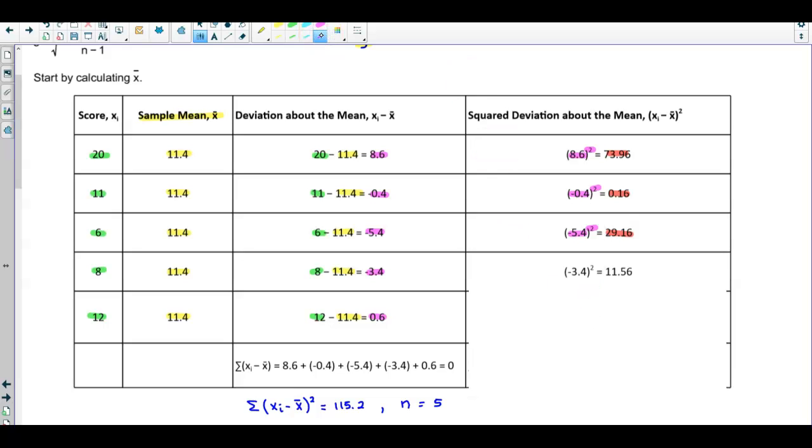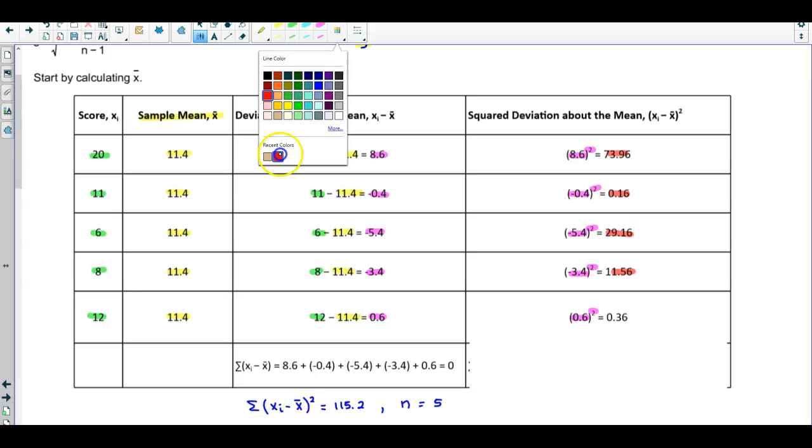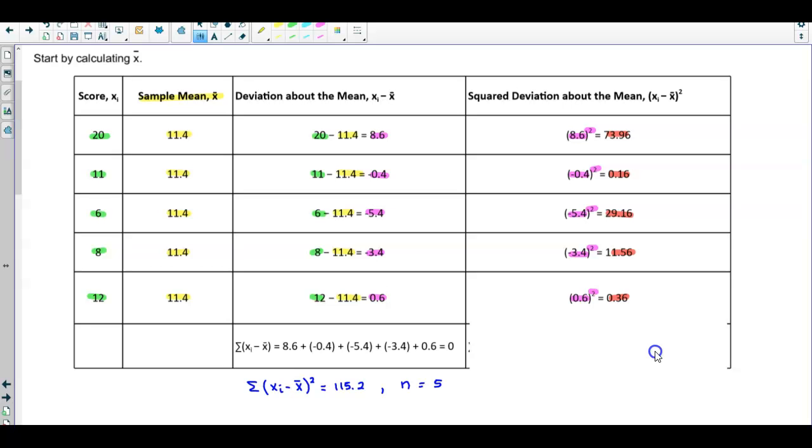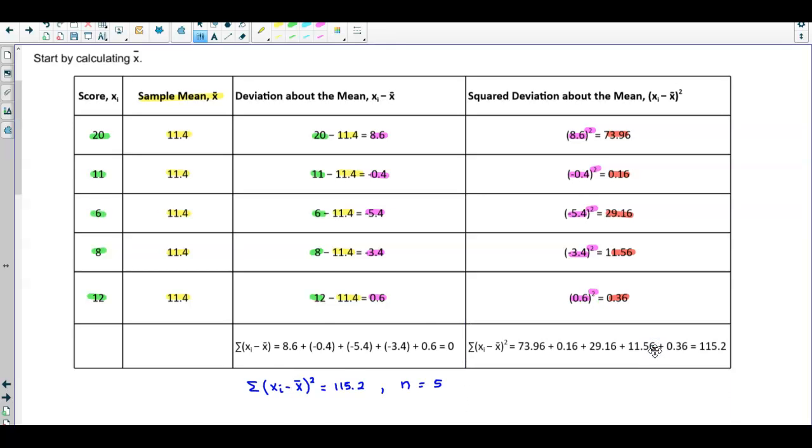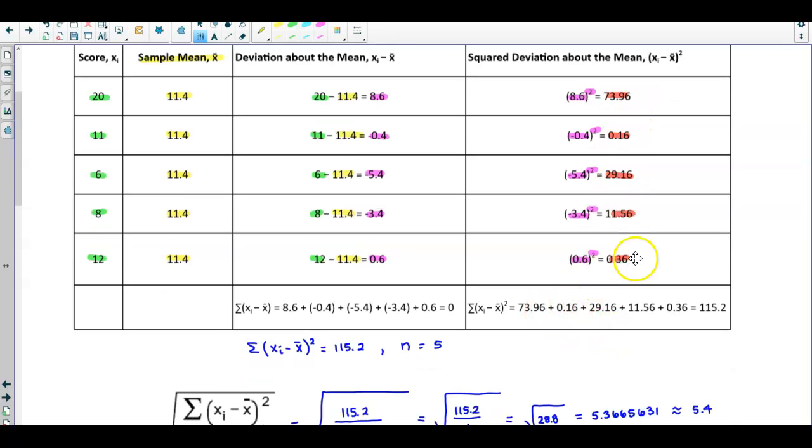Next, the deviation of negative 3.4 squared gives us 11.56. And then the last deviation, 0.6, squared gives us 0.36.